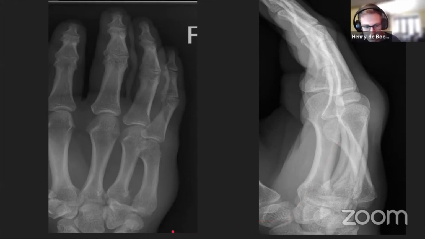Okay, so let's go through this one again. Again, it's starting to get a bit more tricky. So the AP, tracing all these bones, each finger. So there's a fragment here. There's a fragment here.